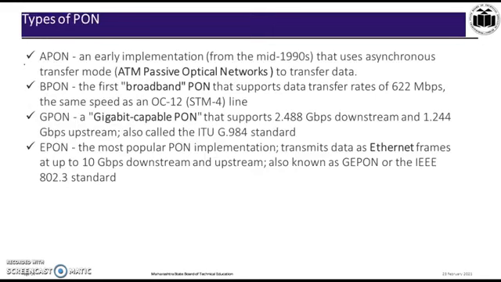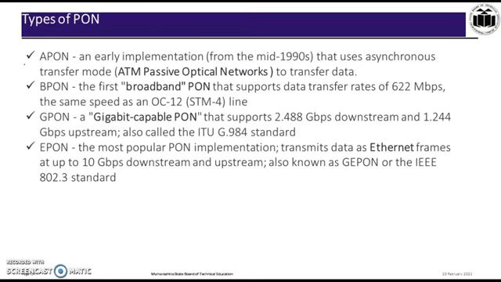Moving towards the various types of PON. APON, that is the ATM, asynchronous transfer mode, passive optical network, is an early implementation that uses ATM to transfer the data. The second type is called BPON, broadband PON, that supports data transfer rates of 622 Mbps. The third one is the GPON, that is the gigabit capable PON, that supports 2.488 Gbps downstream and 1.244 Gbps upstream, and is also called the ITU G.984 standard.